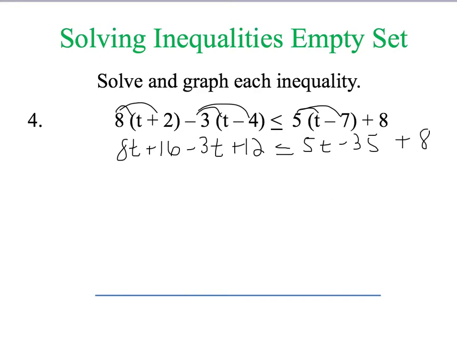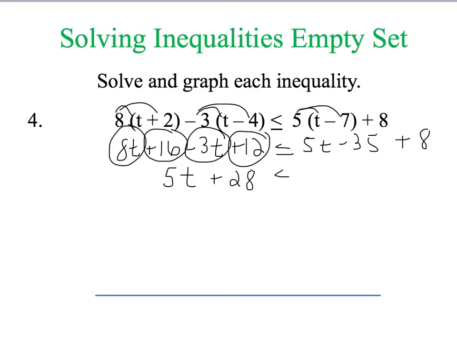Okay, so now I can combine like terms. 8t minus 3t gives me 5t, and 16 plus 12 gives me 28. Okay, is less than or equal to, here I can combine negative 35 and 8, which is negative 27. So here I have 5t minus 27.